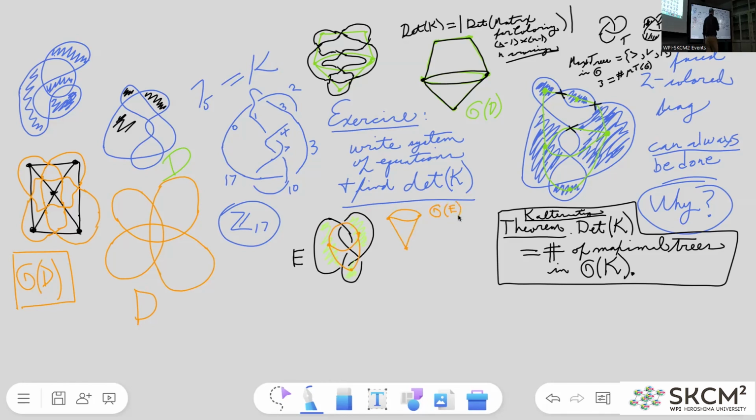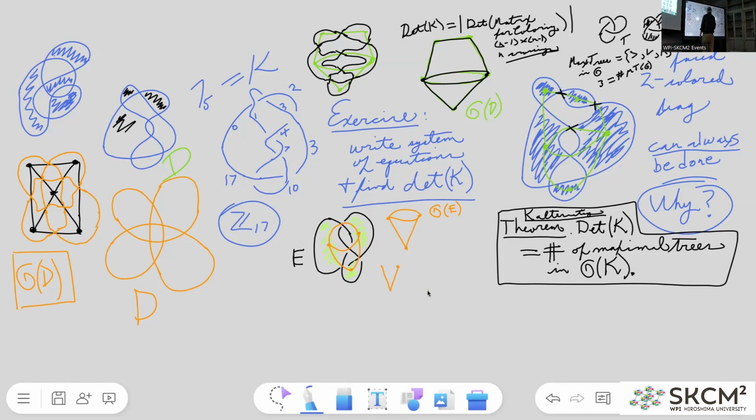And the claim is then, given what you know, how many maximal trees are there in this graph? Well, you know the determinant of the figure 8 knot is 5. So there should be 5 trees. Can you see the 5 trees? Well, sure you can, right? Let's draw some trees. Here's a tree using both of these.